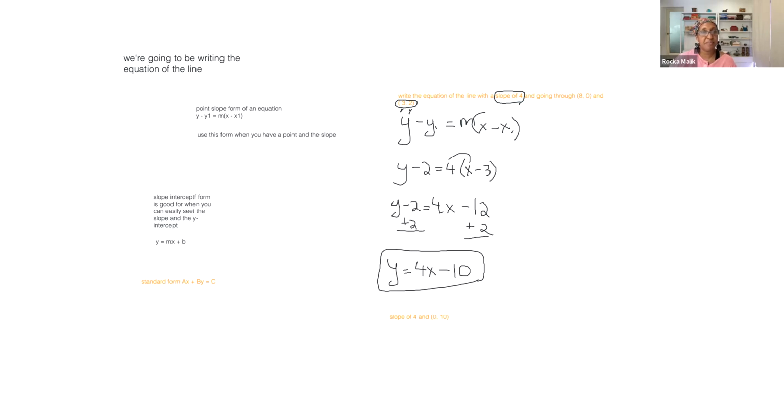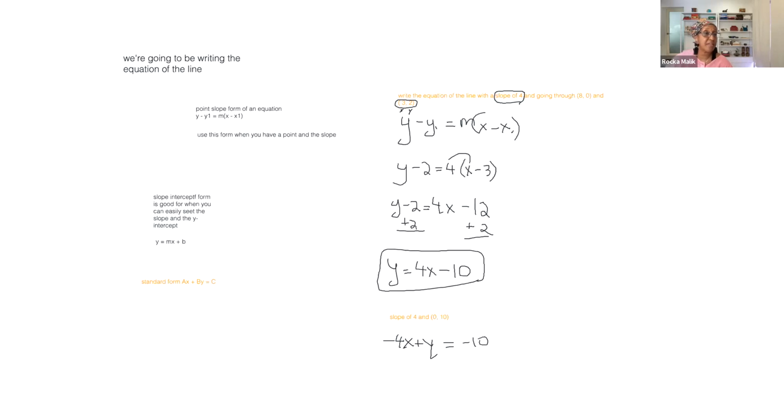Still ugly, but okay. Now, if they ask you to write your equation in standard form, then you have to move it around, okay? Let's just do that. If they wanted you to write it in standard form, this is one form, but standard form is the AX plus BY equals C. I would have to move this back to that side, which will give me minus 4X plus Y equals negative 10.